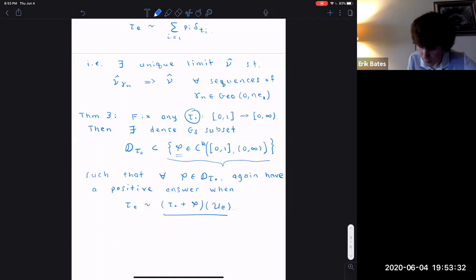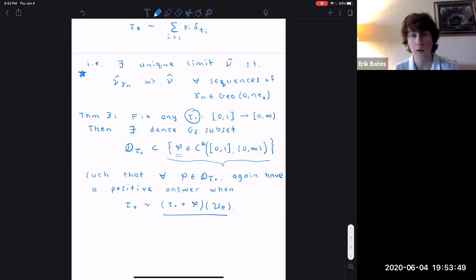So when this is the edge weight distribution, then I have a positive answer. So again, this statement holds that there exists a unique limit nu hat such that whenever I have a sequence of geodesics, the associated empirical measures do converge weakly to nu hat. So any questions about this theorem 3?